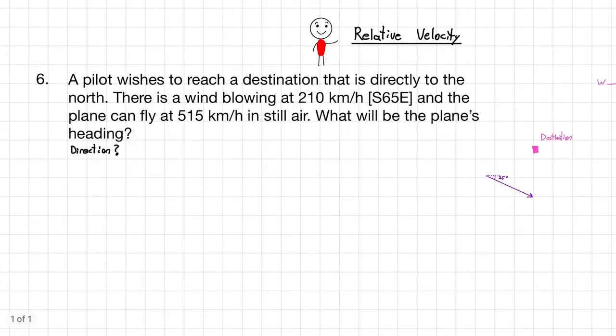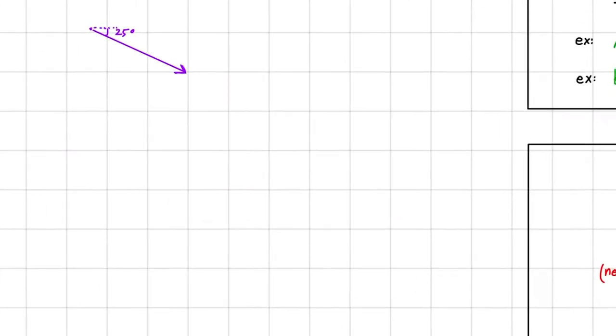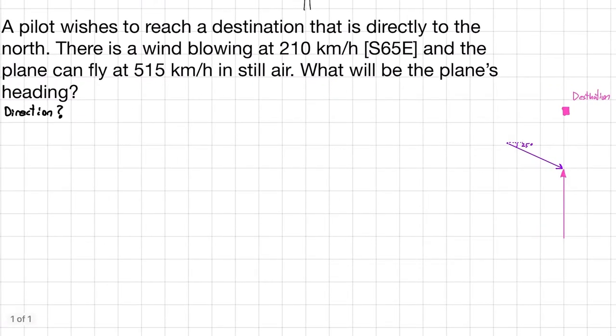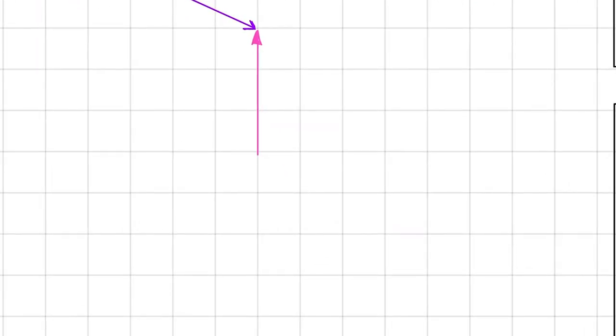And we have an airplane that's wanting to fly, I can do this in pink, an airplane that's wanting to fly north, straight to the destination. But here I'm going to draw this airplane. It's not going to be anything fancy like I said, but I want it to be clear that this is an airplane.